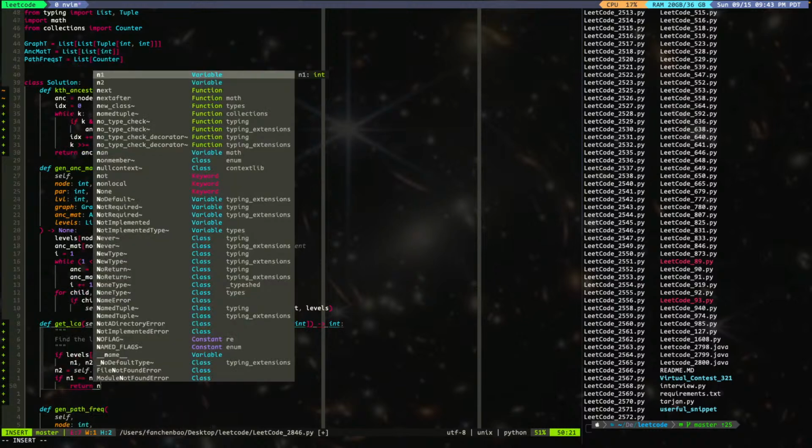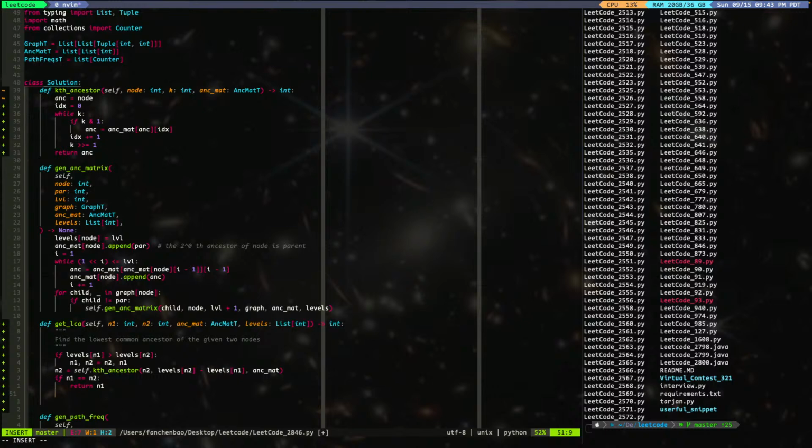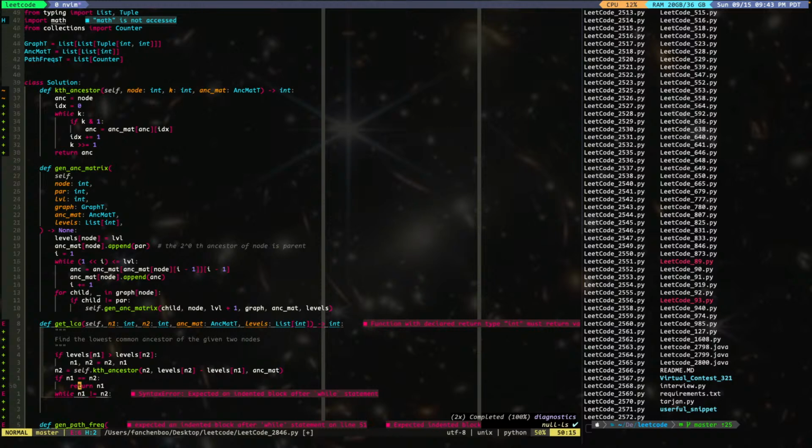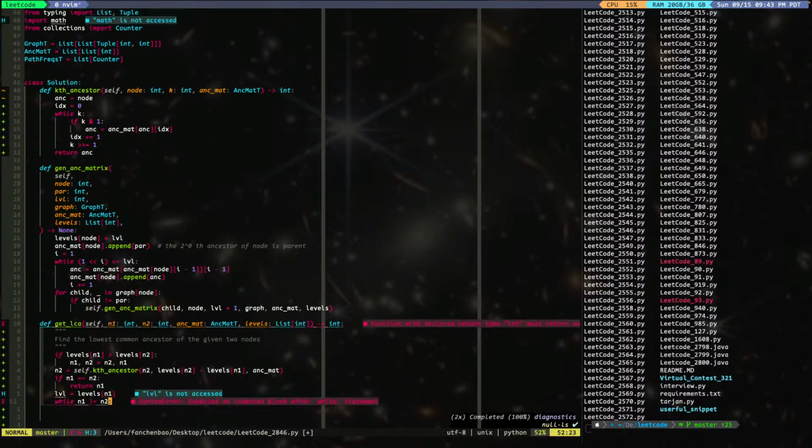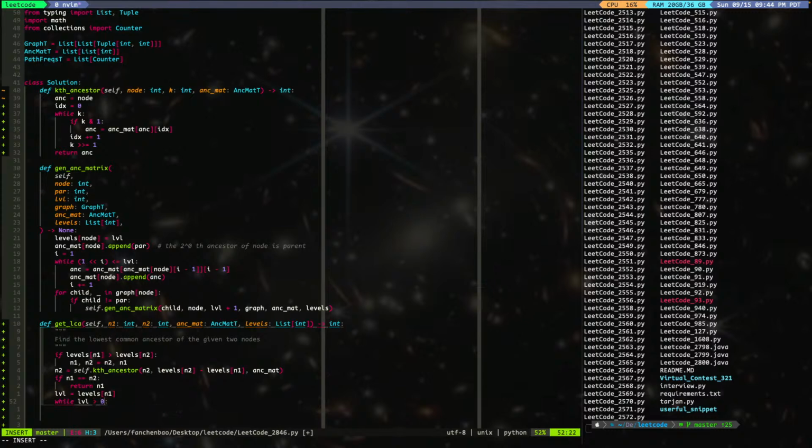If they're not the same, then while n1 is not equal to n2, level shall equal levels n1, and we say while level is larger than 0.